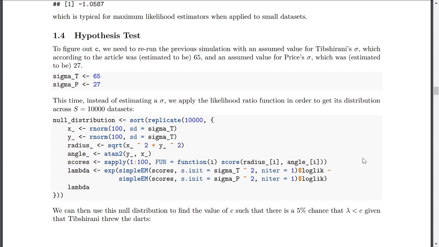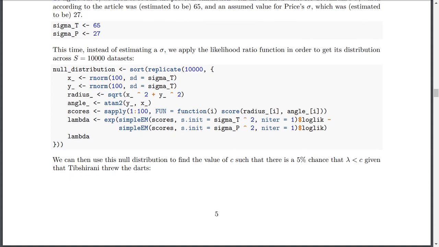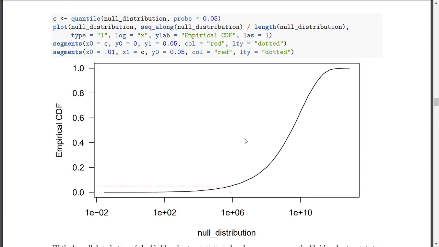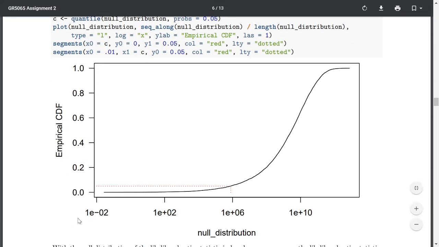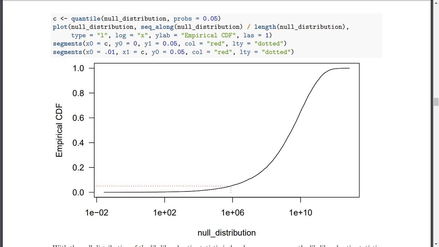But you get this null distribution of the statistic, and then you can compute the value of c such that there is a 5% chance that you reject the hypothesis that Tibshirani threw these when Tibshirani, in fact, did throw them. And that cutoff is about 1 million. That gives you a 0.05 on the vertical there.